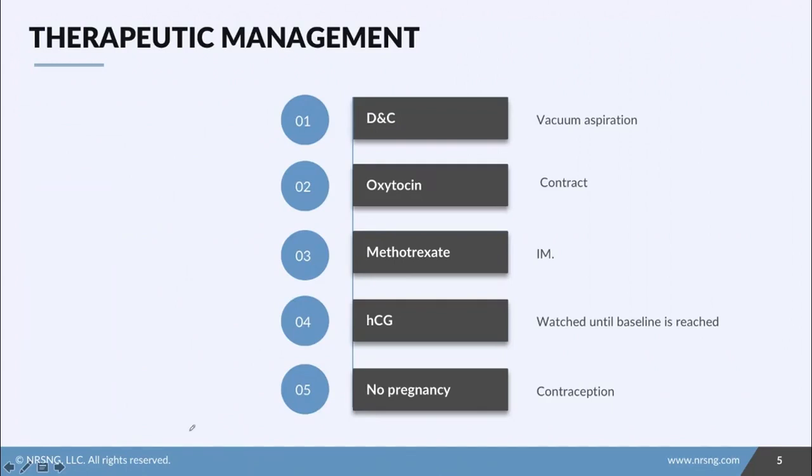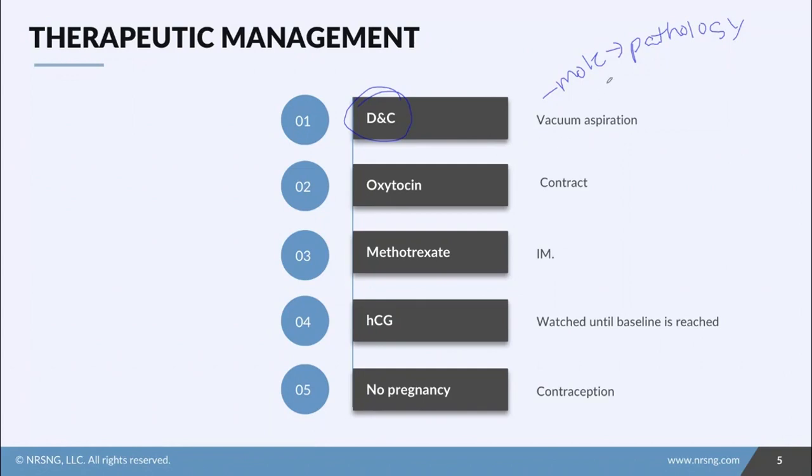Let's discuss what our management is going to look like for this patient. So remember, we have to have a D&C happen, and that's going to be a vacuum aspiration to remove the contents. The mole is going to have to be sent to pathology. And why would that be? It's because we need to make sure it has not become malignant.